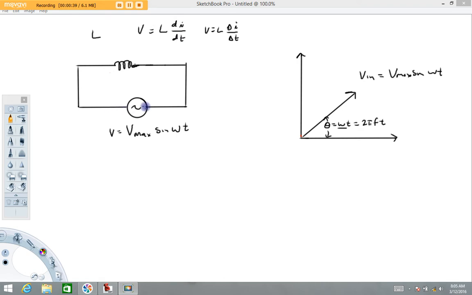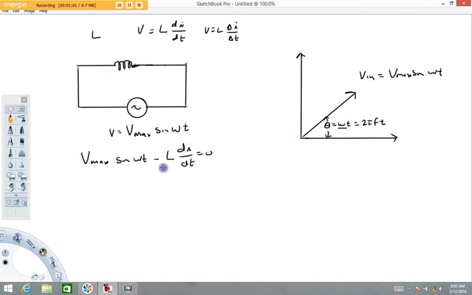So if we write a current loop here, what we're going to have is V max sine omega t minus L di dt equals 0. And again, if you haven't had any experience with calculus, just bear with me for just 1 or 2 minutes, and then the rest of the video will be completely relevant.